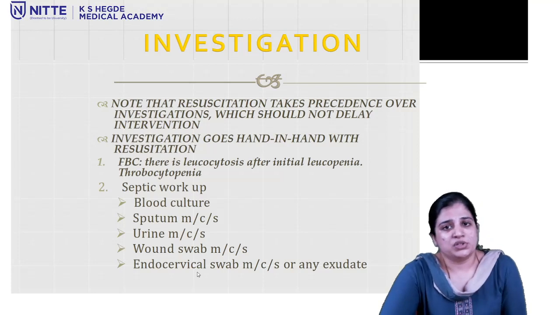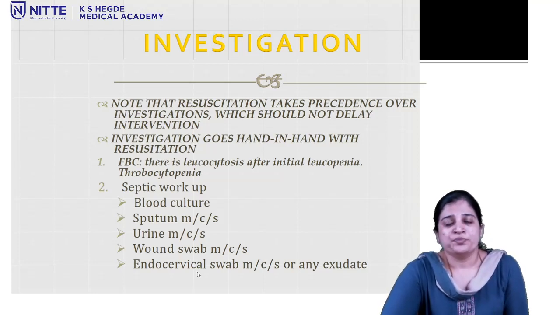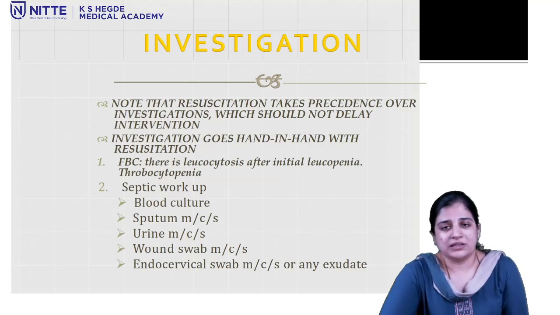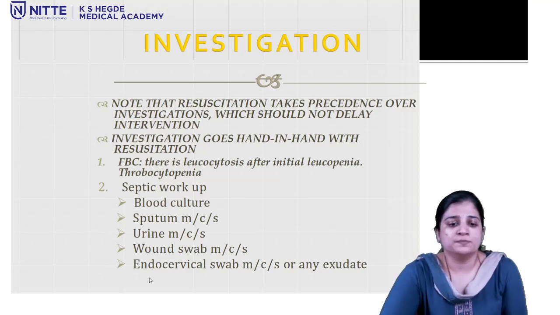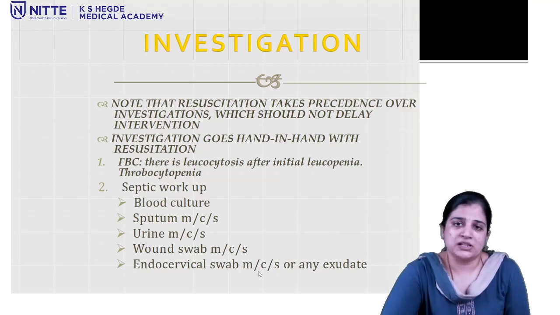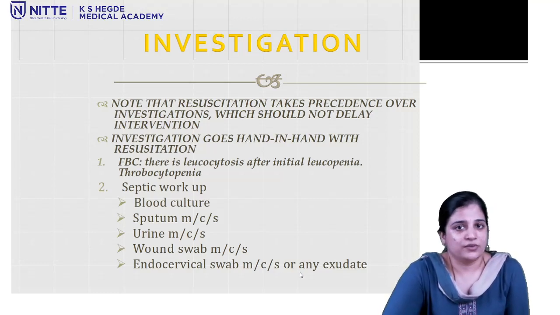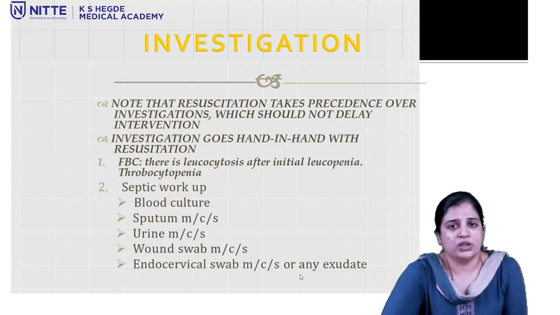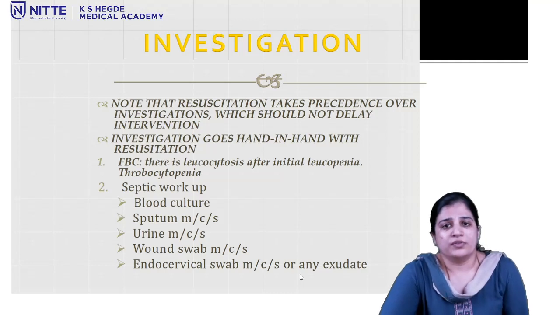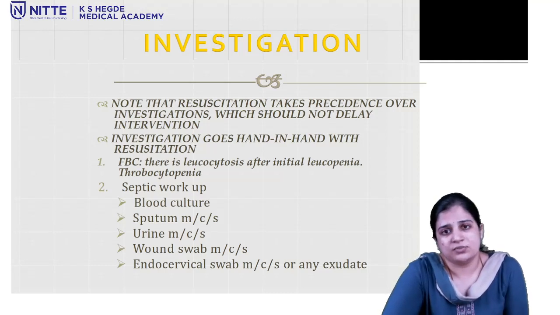Because we are dealing with a patient with septic abortion, where there is conceptus material present in the uterus that has got infected, we have to take a vaginal swab, called an endocervical swab, and send it for microscopy, culture and sensitivity. If there is any exudate or pus, we also send it for culture and sensitivity, to see whether any organisms are present.